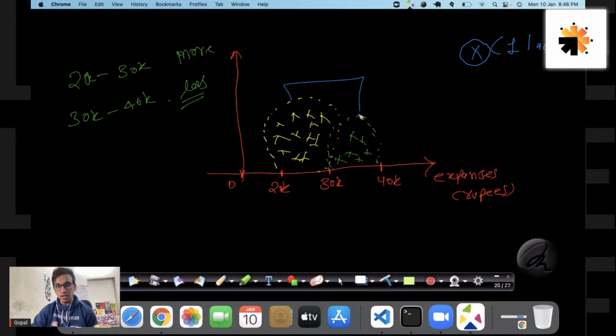This type of algorithm can help you. This was a novelty detection problem, and this is your unsupervised machine learning technique.